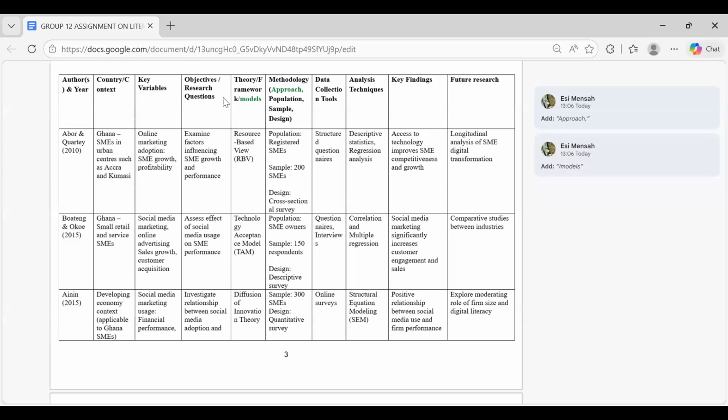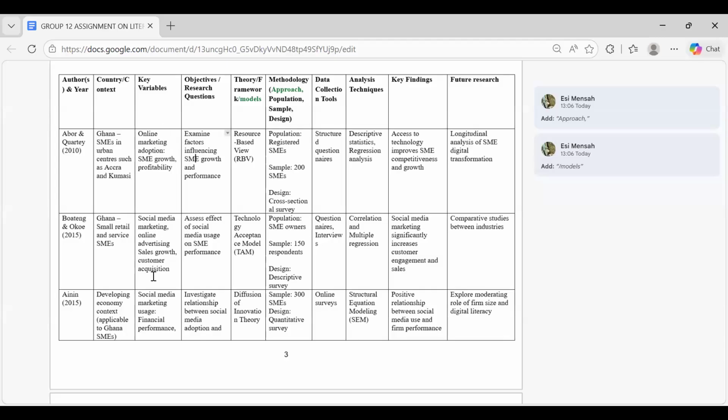Okay. So for the conceptual review, we are going to use these 2 sections, the information here, to populate your conceptual review. So I'm guessing that their topic is about social media marketing. And they're also looking at social media marketing, MSME, growth and performance. I'm guessing based on the information here. So you need to define online marketing, social media marketing.